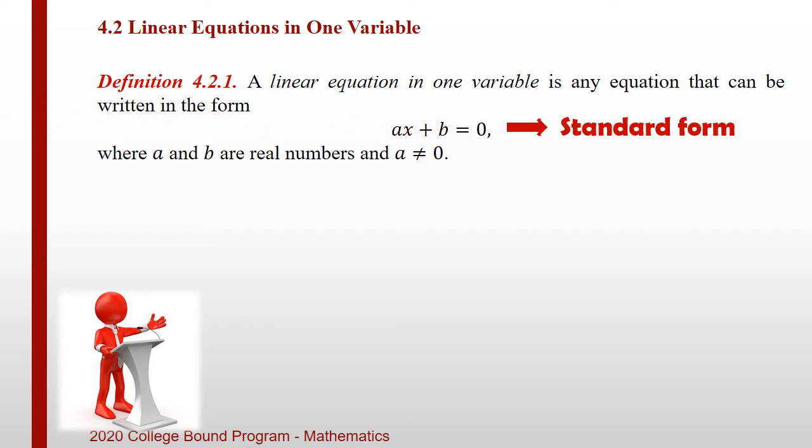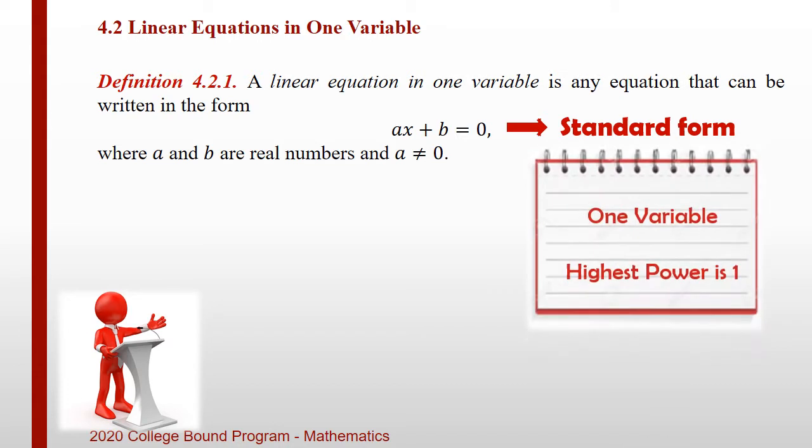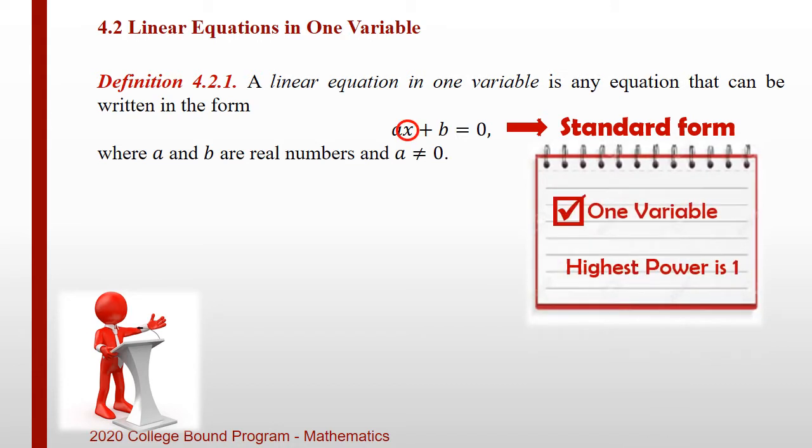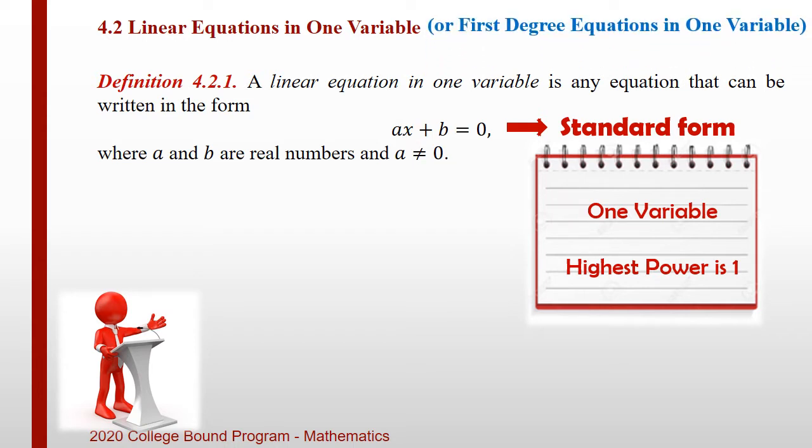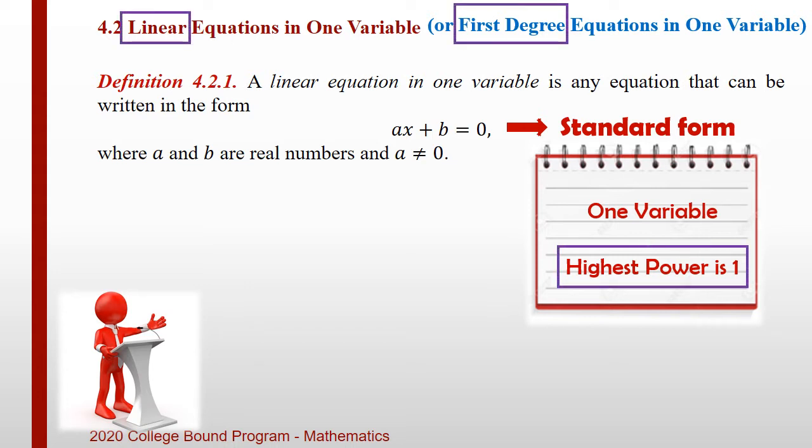This equation is in standard form where there is only one variable, the variable x. These types of equations are also referred to as first-degree equations in one variable. They are called linear or first degree because the highest power is 1.